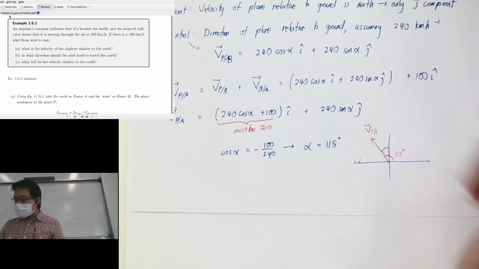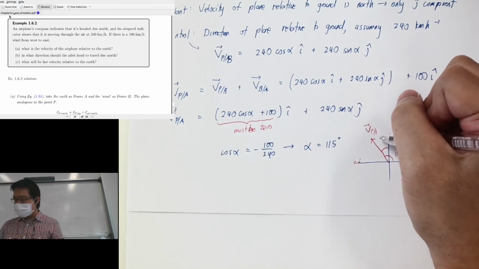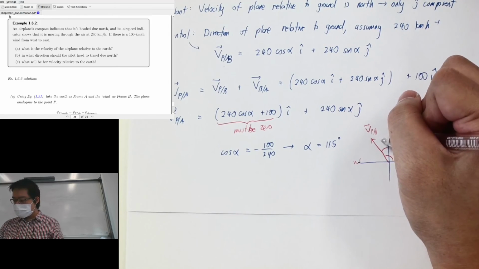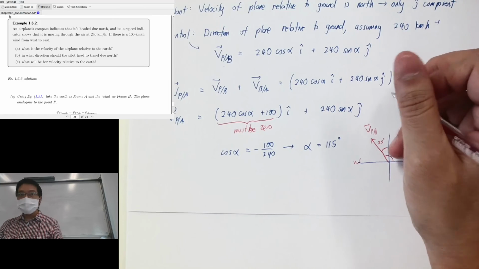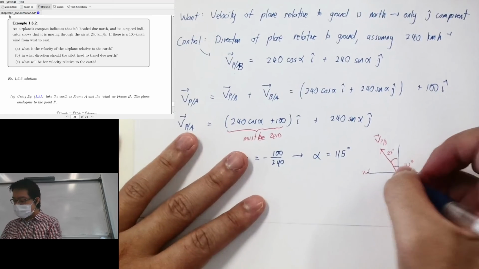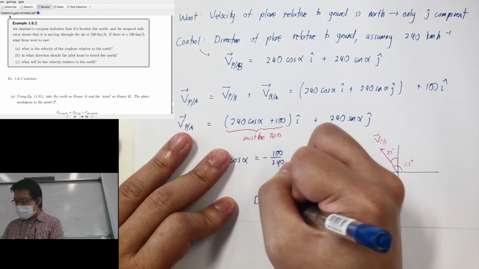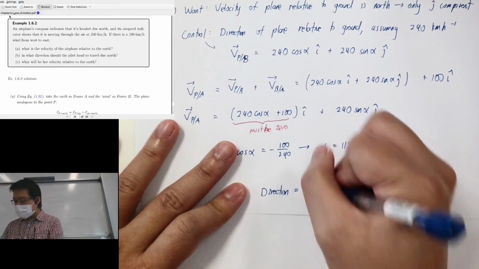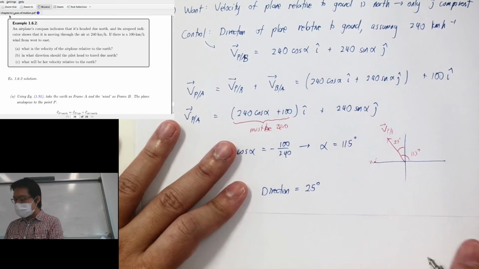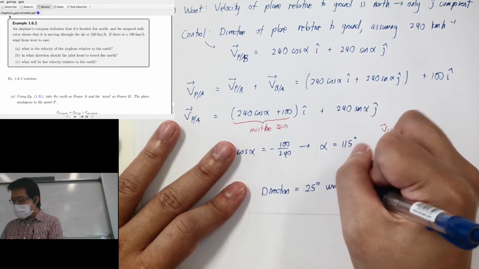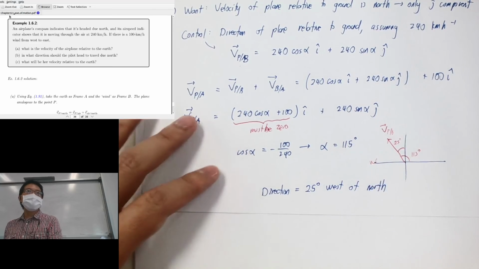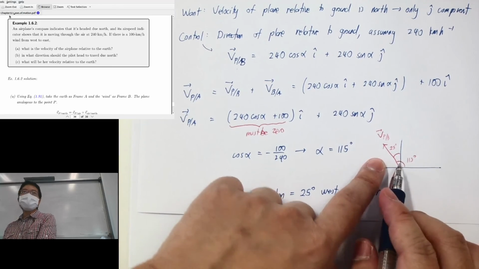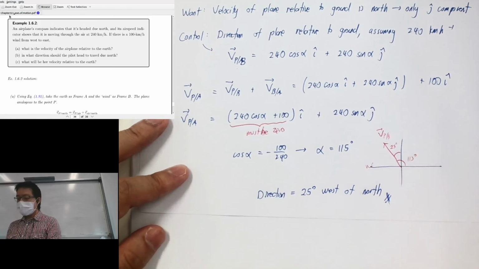So 90 minus 115 is 25. So the answer is that the direction is 25 degrees west of north, correct? This clearly says that you are going in this direction.